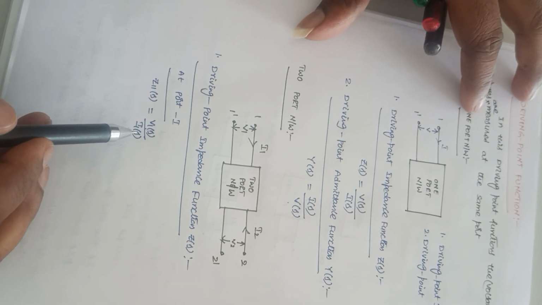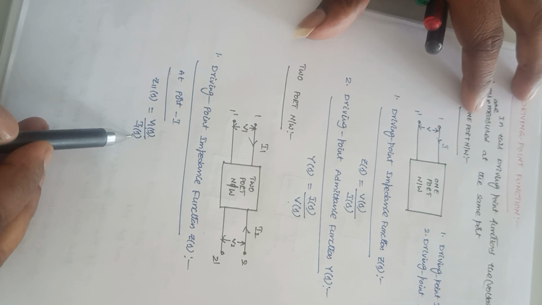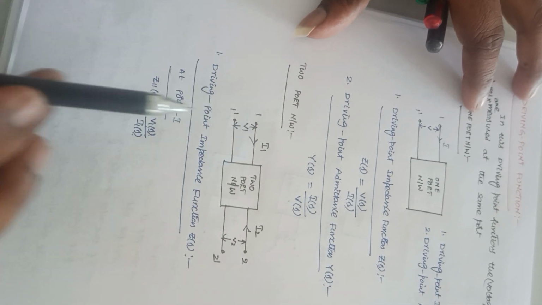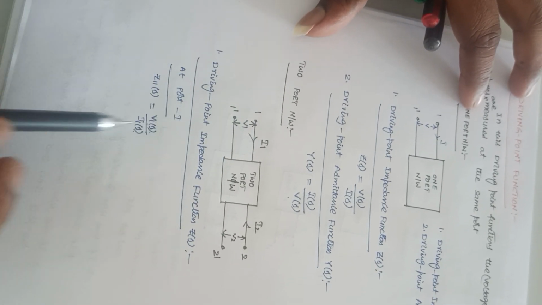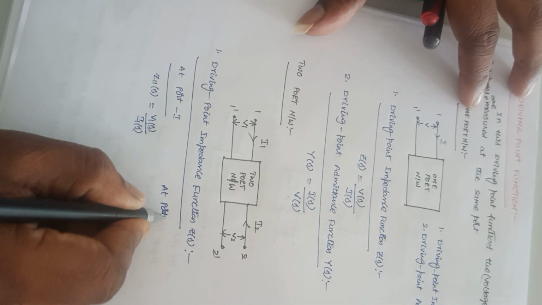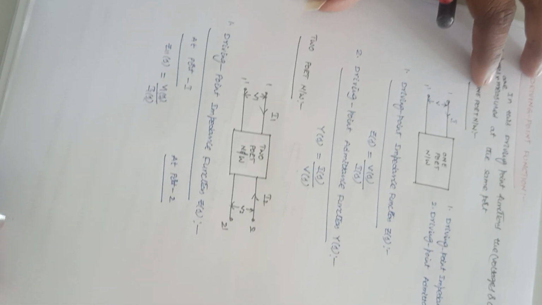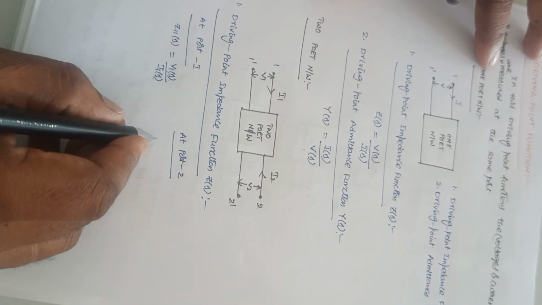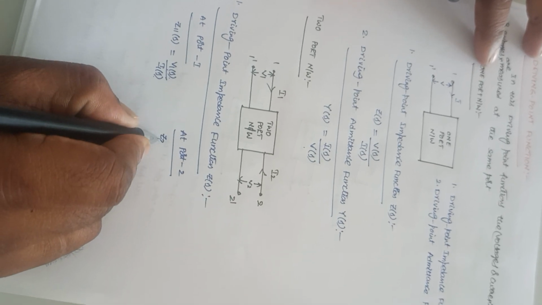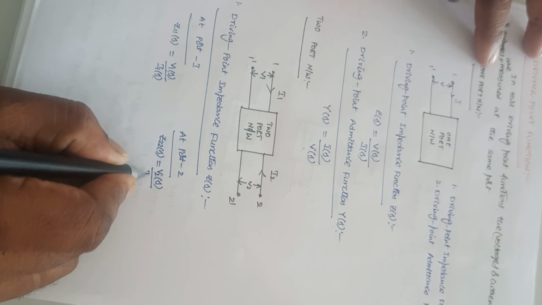What I mean to say here is that the excitation and the response are both measured at the same port. And the driving point impedance function at port 2 is Z22 of s, that is equal to V2 of s divided by I2 of s.